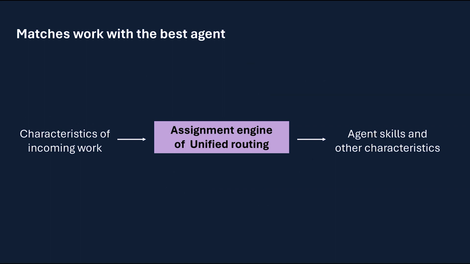It achieves this goal by matching the aspects of the incoming work, like answers to pre-chat questions, virtual agent interactions, customer journey context, or required skills, to the attributes of the agents, like their skills, proficiency, or location.